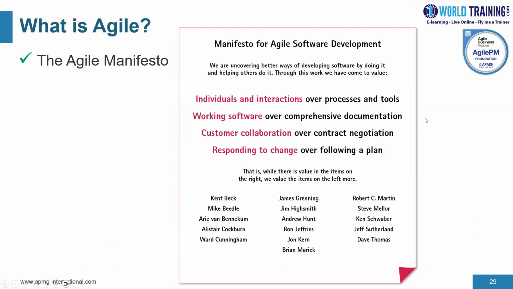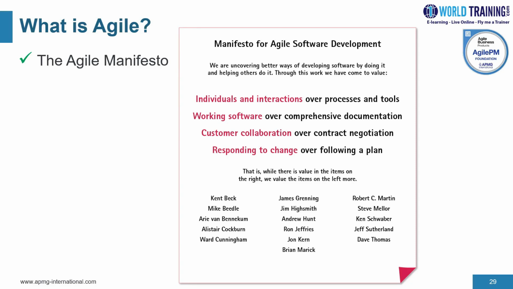Now, a bit of history behind the Agile Manifesto. Way back in 2001, a manifesto was created in the United States. Representatives of all the leading agile methods got together. They created the manifesto for the newly formed Agile Alliance over a 2-day period.